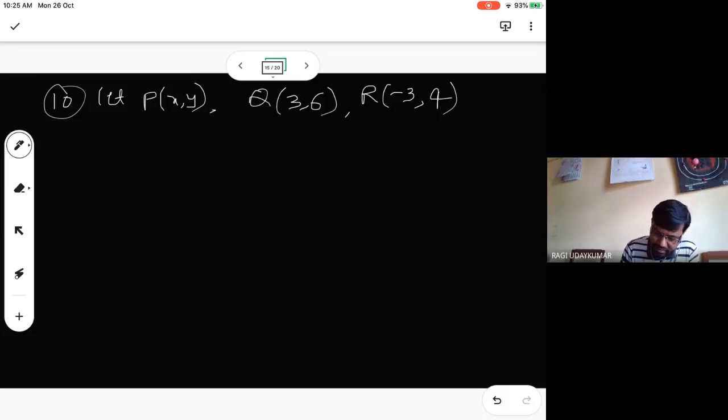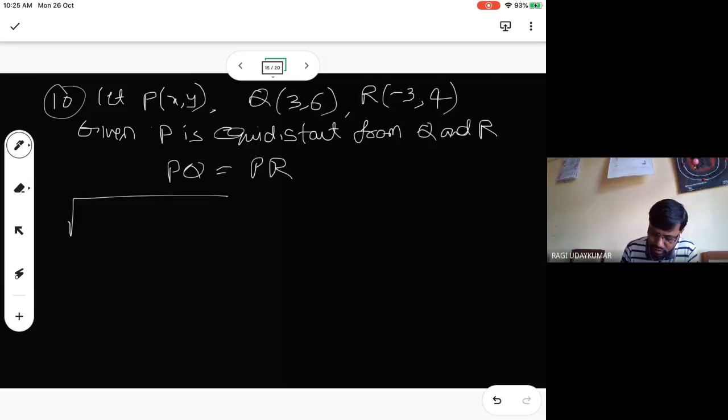Given that P is equidistant from Q and R, that is nothing but PQ equals PR.